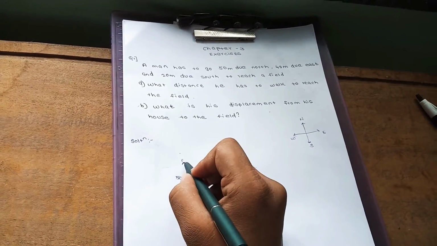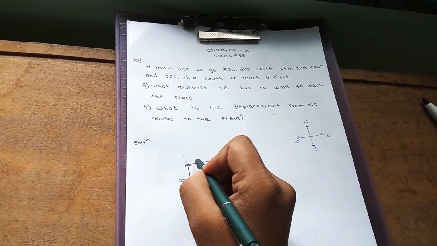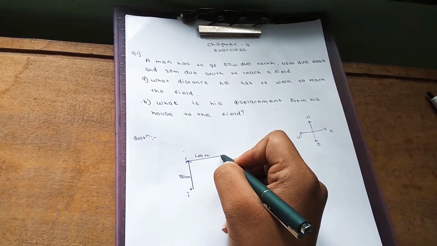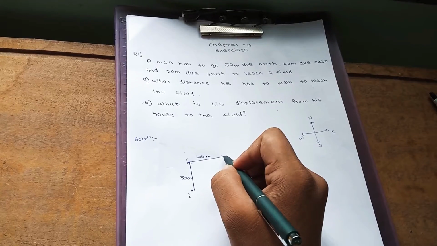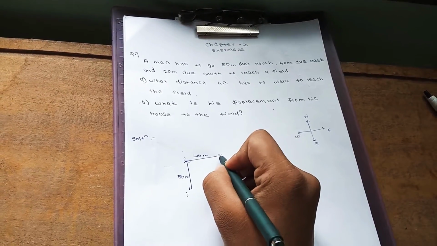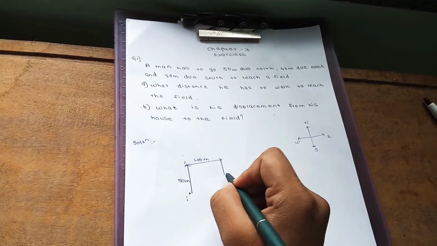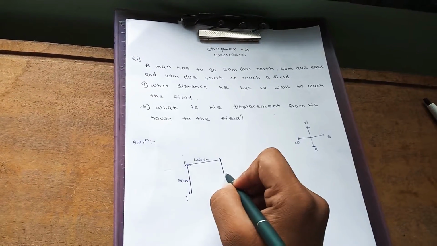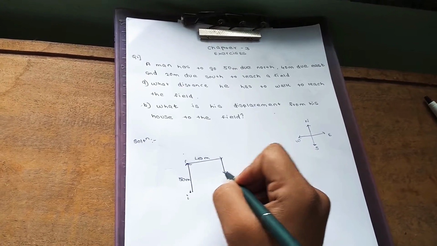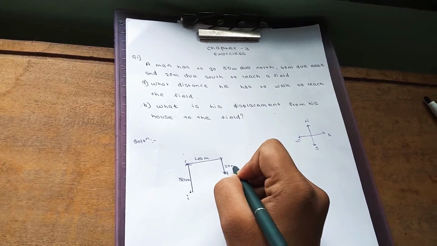So east here, 40 meter due east, and then 20 meter south. Okay, so the final position of the man is here, 20 meter due south, right?